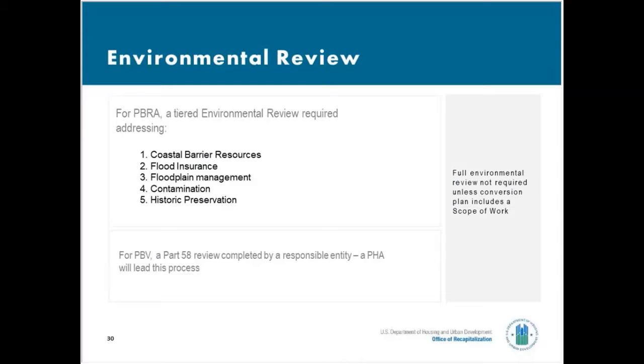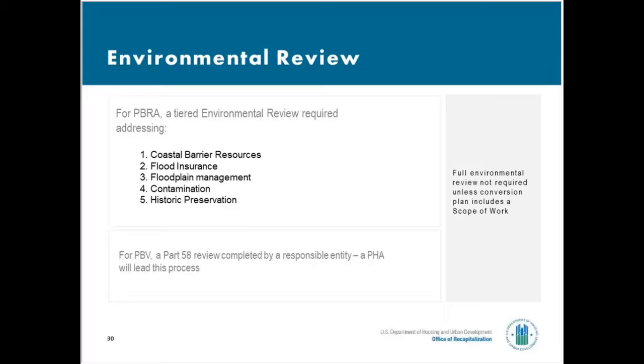Again, another part of the streamlined process that is a heavy lift, but not as much of a heavy lift as the regular conversion process, is the environmental review. For the PBRA, if you choose to do a PBRA contract, you're going to do a tiered environmental review. And the tiered environmental review is only going to address maybe even less than half of what's addressed in a regular environmental review.